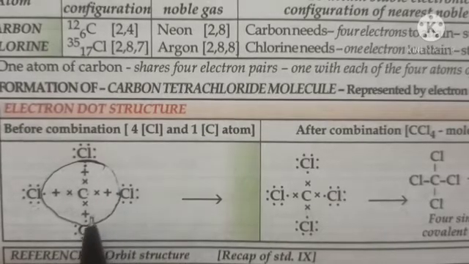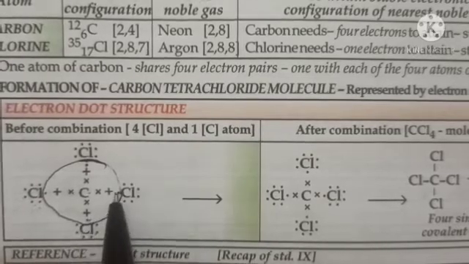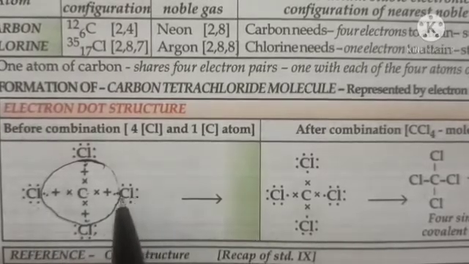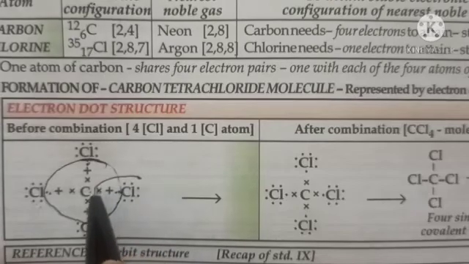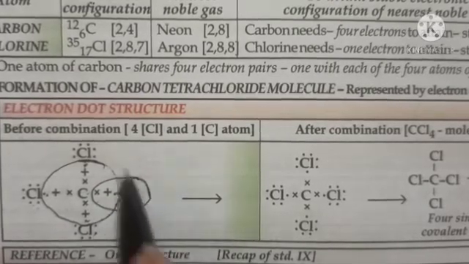And gets 8 electrons. Just look here, 1 2 3 4 5 6 7 and 8. Understood? Now each chlorine atom shared 1 electron with carbon. Now it gets 8 electrons.